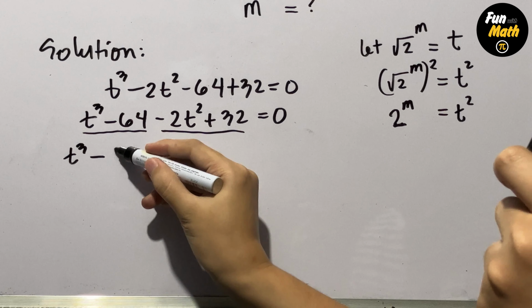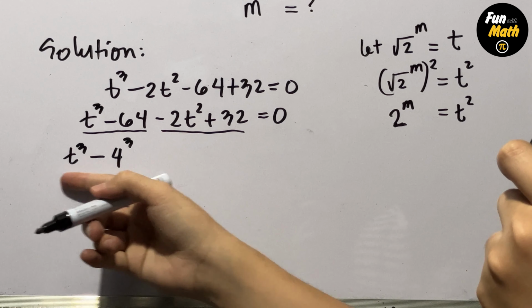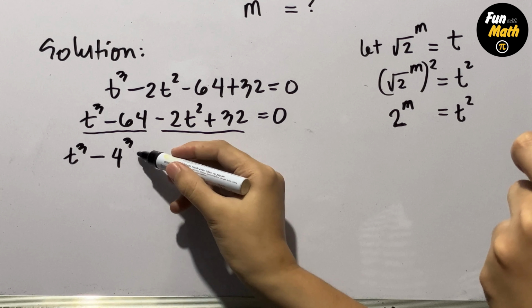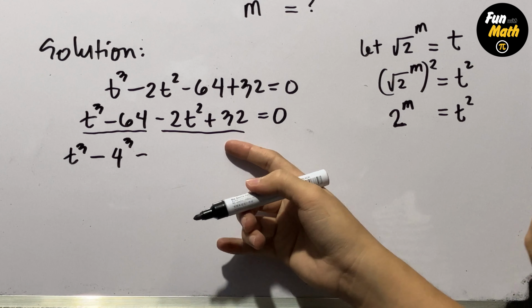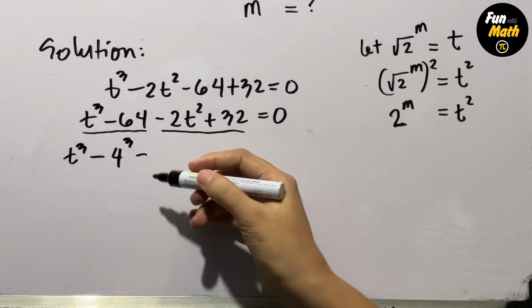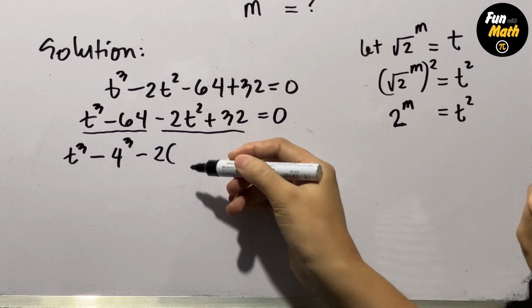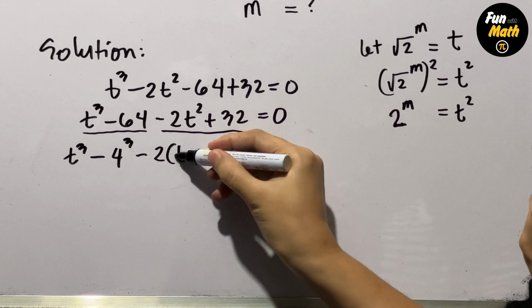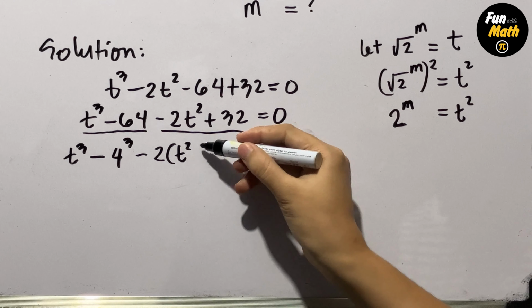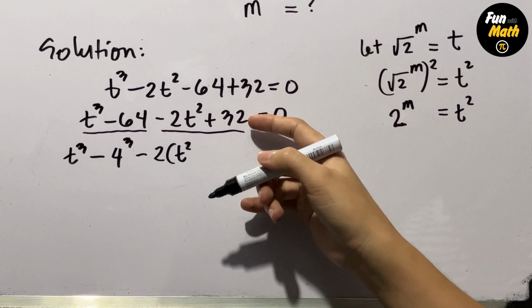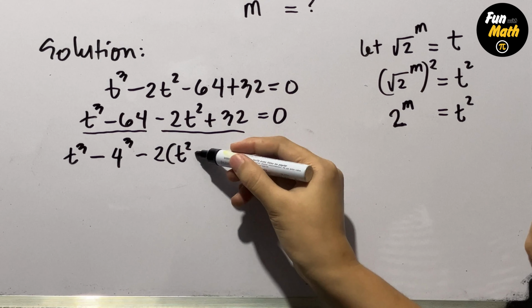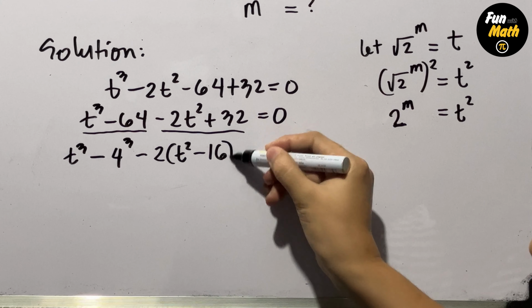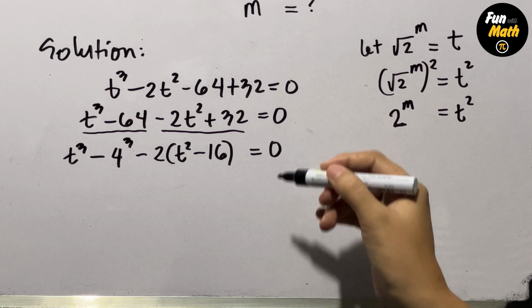We can write this as 4 cubed. So just like that. Then minus this pair, we have a common factor, which is 2. So minus 2 times, we'll end up with t squared, now 32 divided by negative 2, that's minus 16, equals 0.